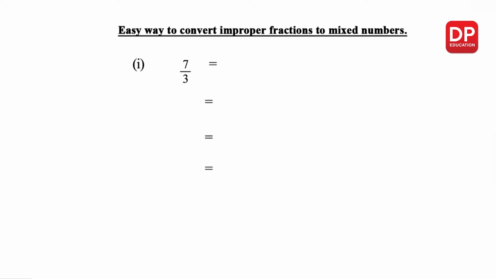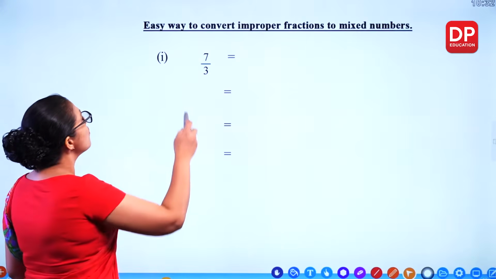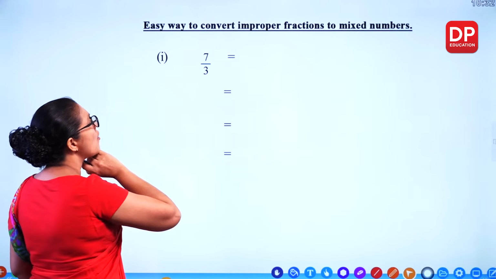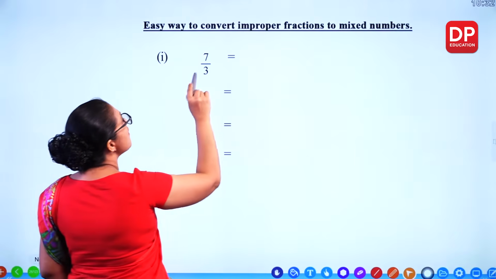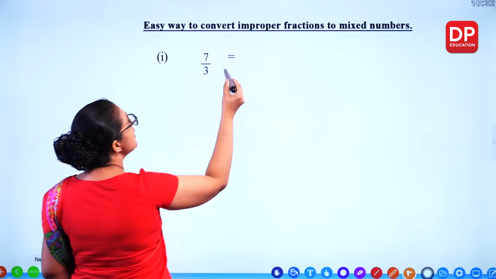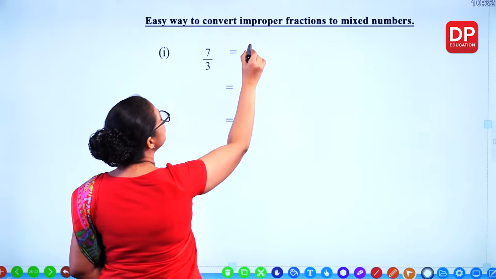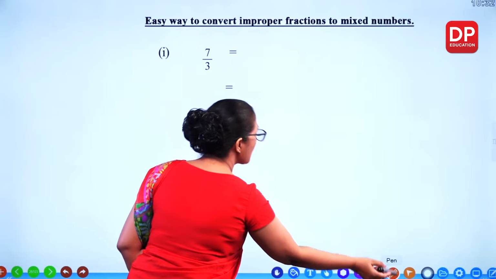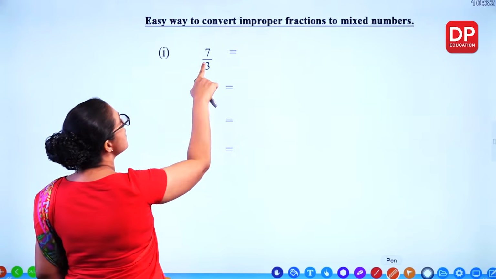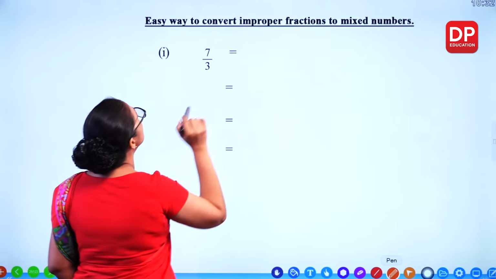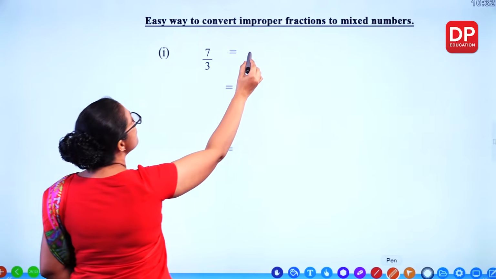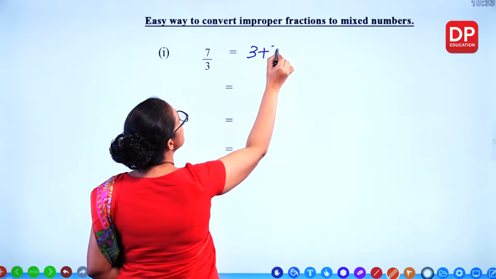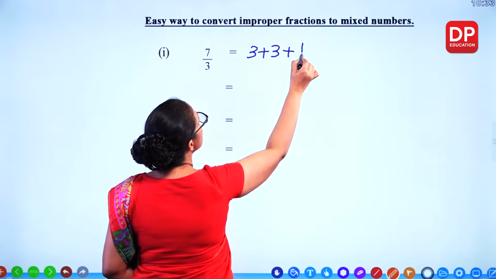Now look at this one. How we convert improper fractions to mixed numbers. So 7 over 3. How can I write 7 in terms of 3? I can write 3 plus 3, 6. 6 plus 1, 7.